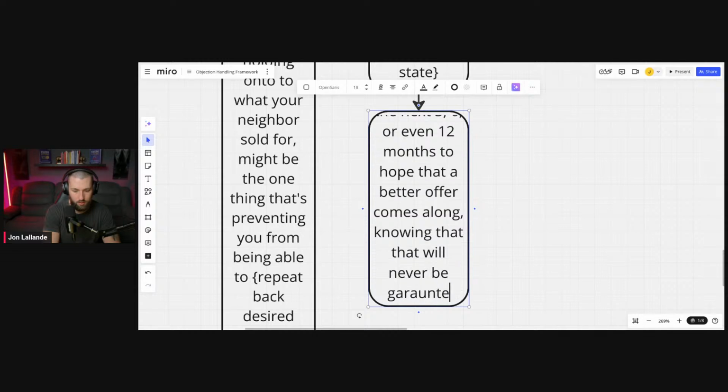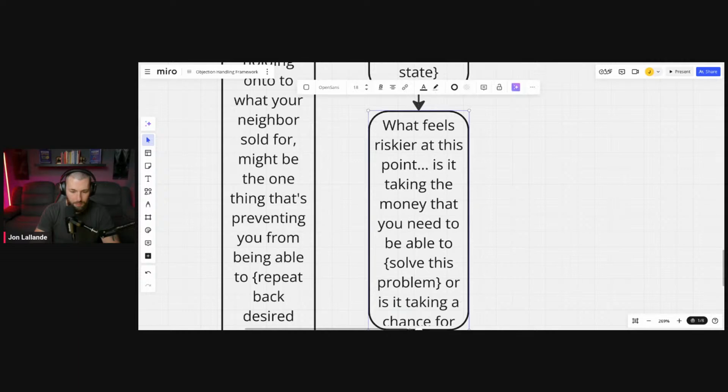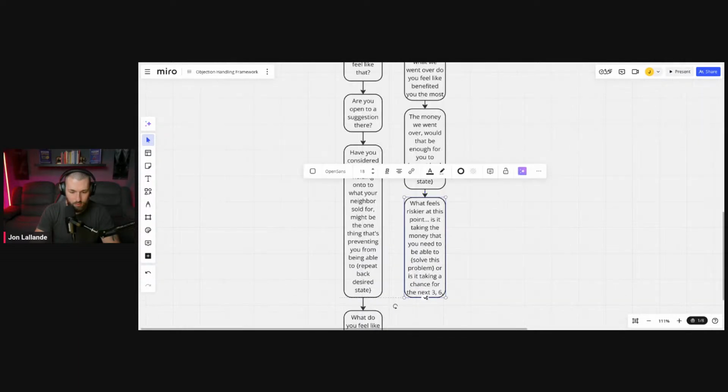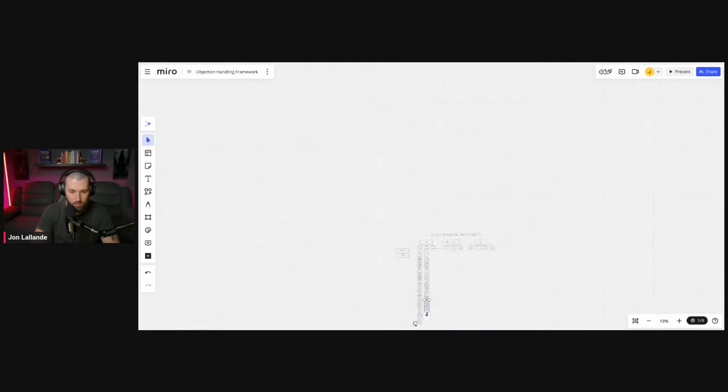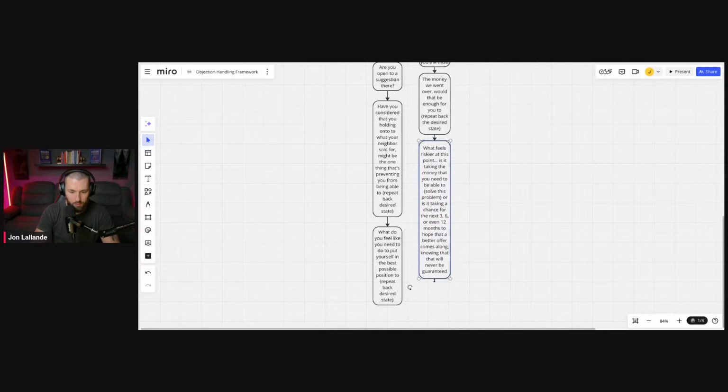And this is the hardest word to spell in the English dictionary. There we go. All right. So what does that look like?